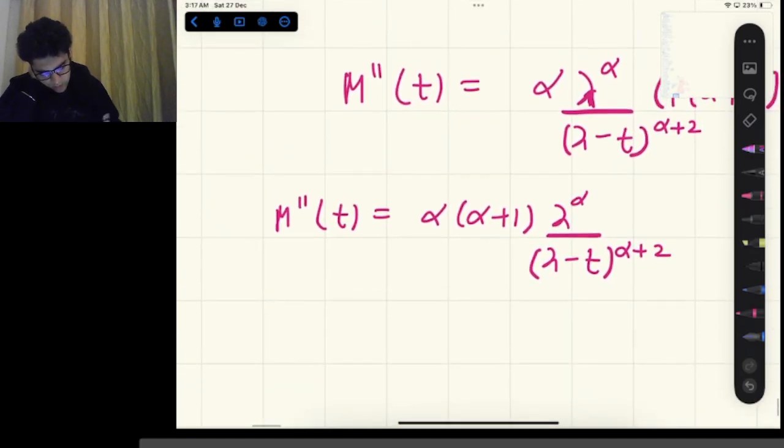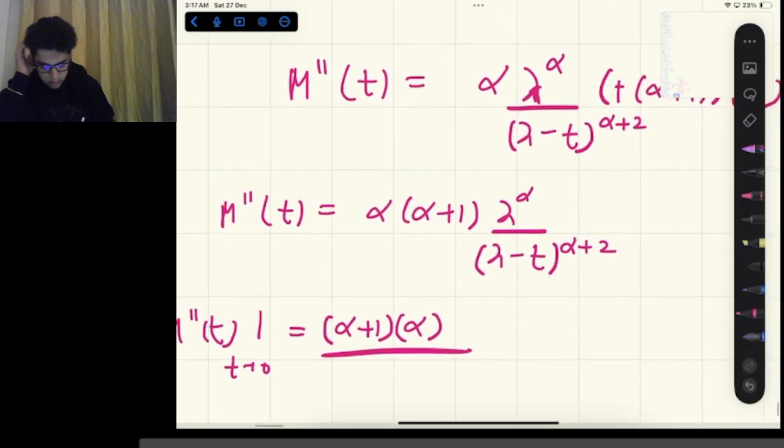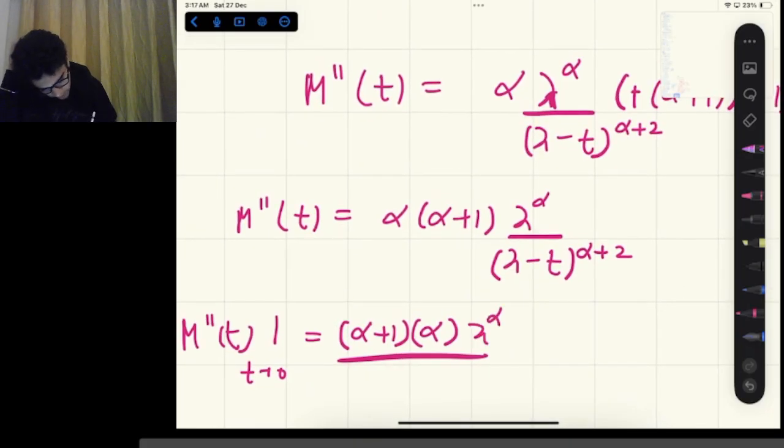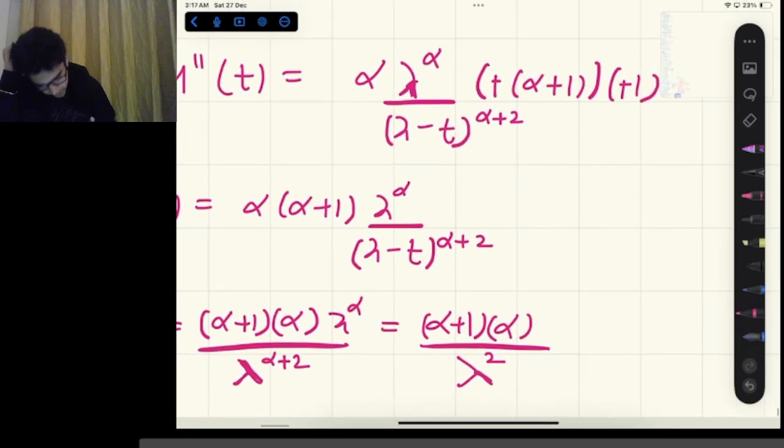Now we know that m double dash t when t goes to 0 comes out to be alpha plus 1 times alpha divided by, this will become lambda to the power alpha and lambda to the power alpha plus 2. So this becomes alpha plus 1 into alpha over lambda to the power 2, right?